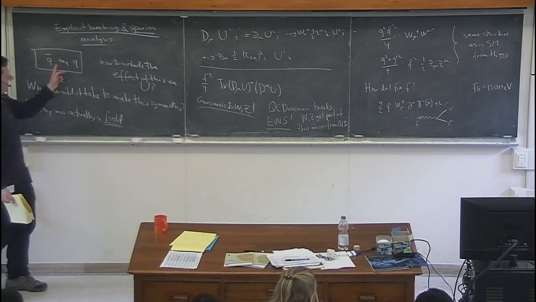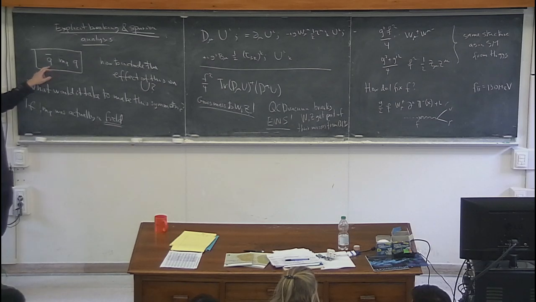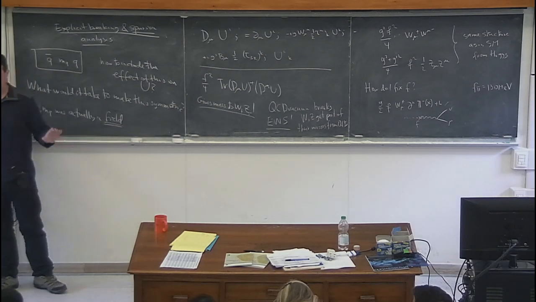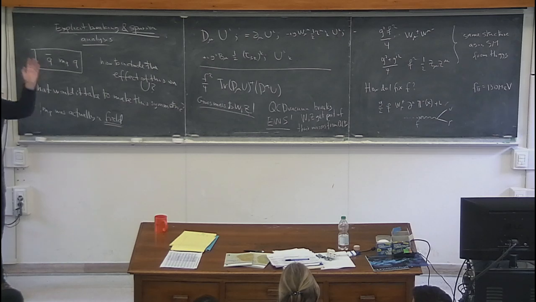Just the opposite way as q bar q. So it should also be a bifundamental under SU3 left cross SU3 right. If this was a 3, 3 bar, then M_Q should be a 3 bar, 3. So if this was actually a field, then this term would be symmetric. Of course, I know it's not a field. It's just a bunch of numbers: M, a diagonal matrix of the up quark, the down quark, and the strange quark mass. But for now, let me pretend that it's a field.